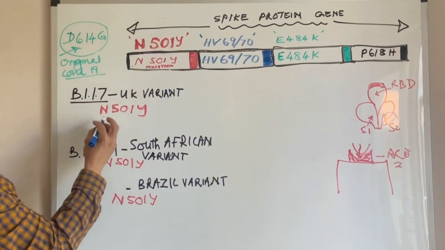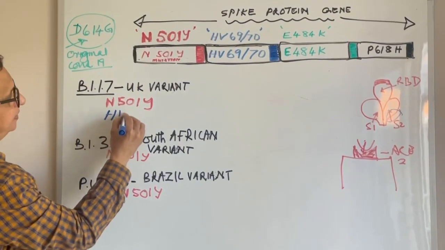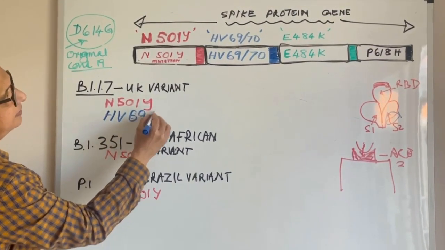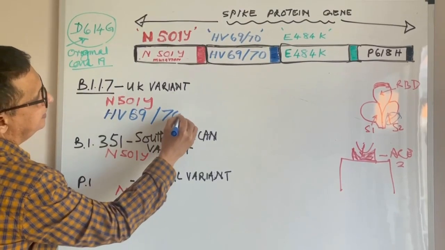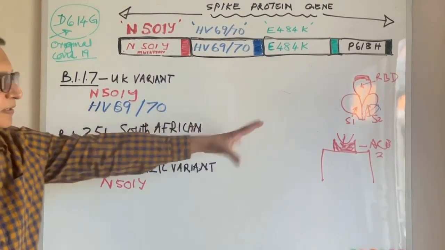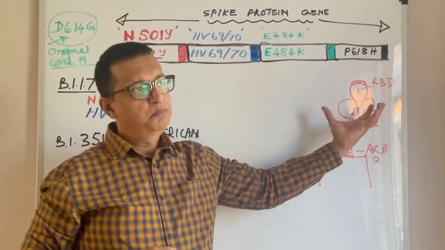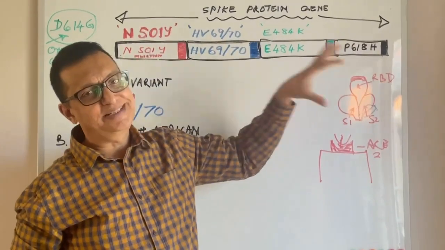This was found in the UK variant, the HV69 and 70 deletion. This is a deletion of an amino acid sequence, and by which the morphology of the spike protein is altered.